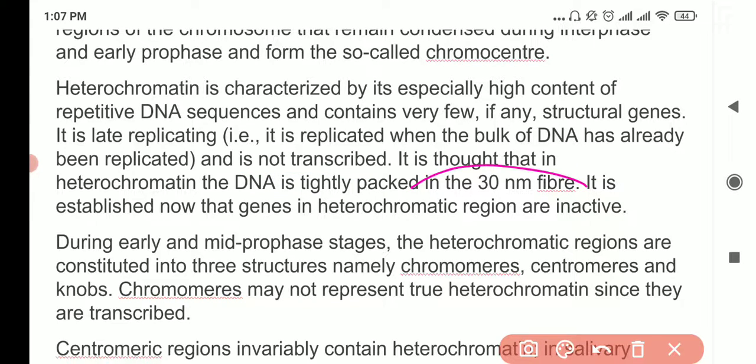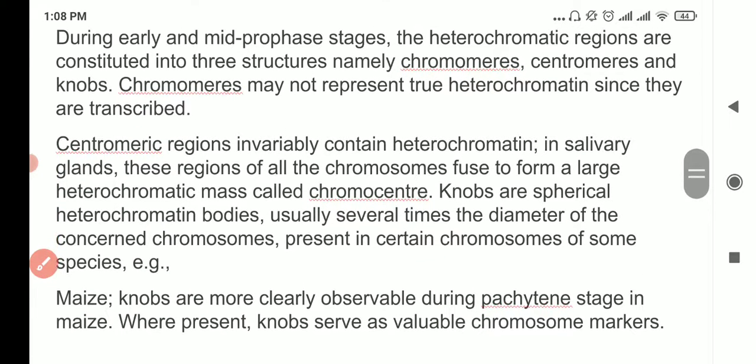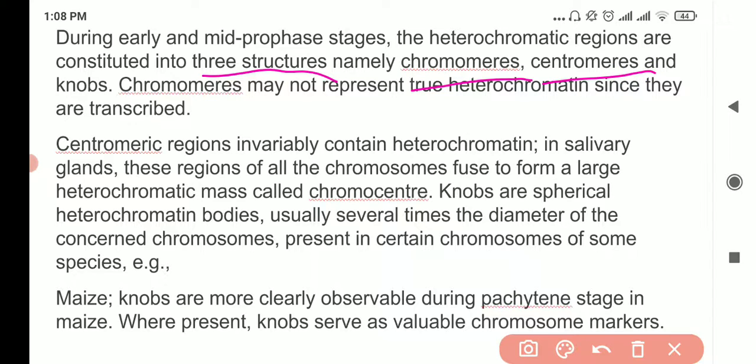It is thought that in heterochromatin, the DNA is tightly packed in the 30 nanometer fiber. So the genes in the heterochromatin region are inactive. Okay. So during early and mid prophase, the heterochromatic regions are constituted into three structures, namely chromocenter, centromeres, and knobs.